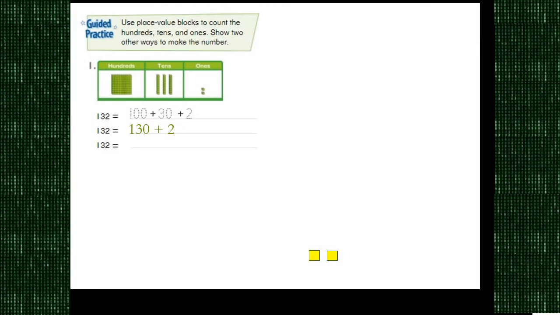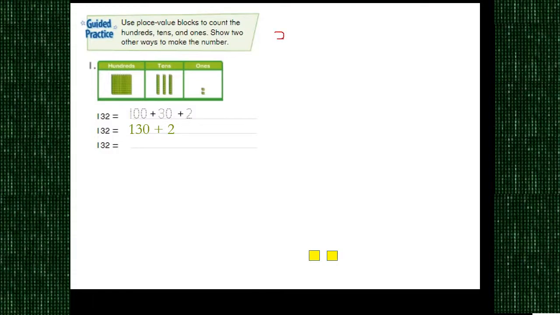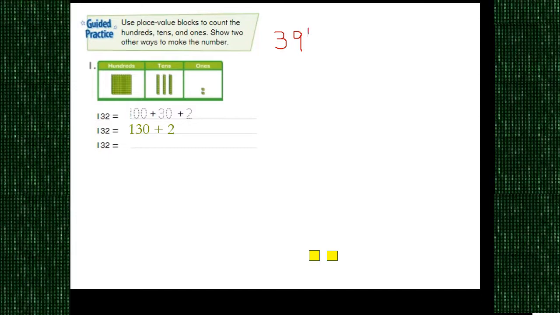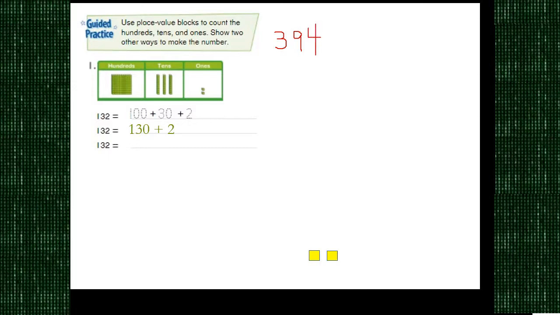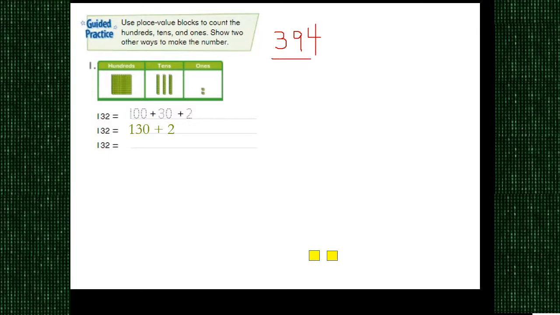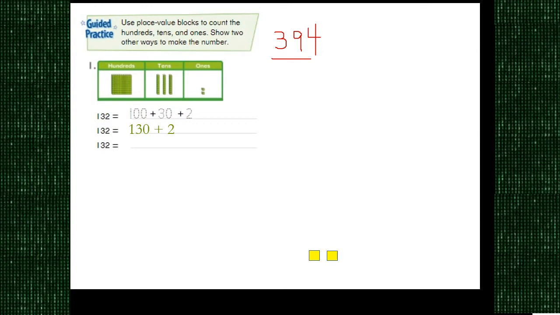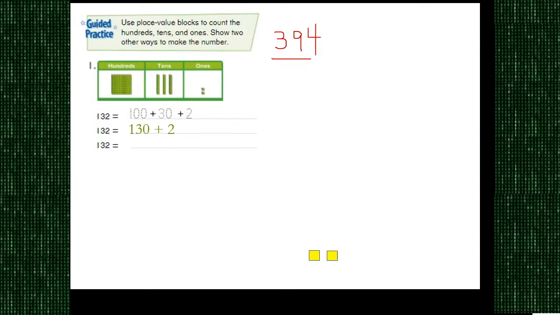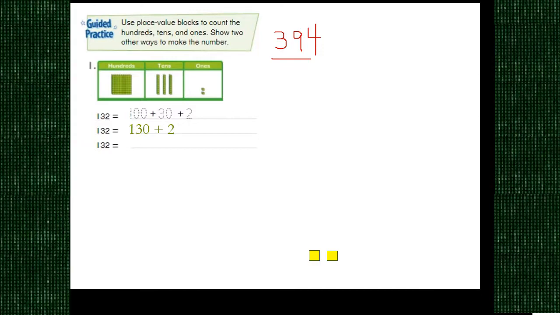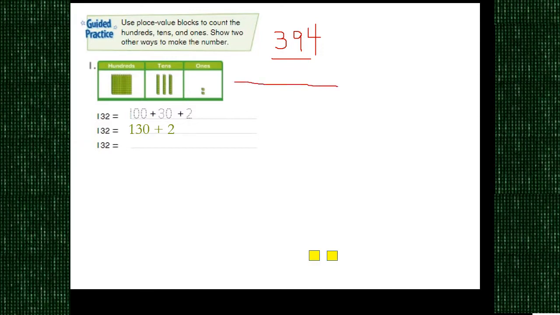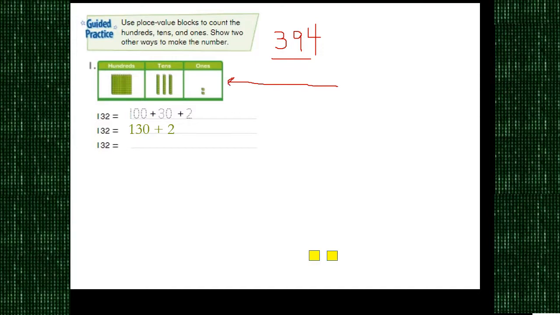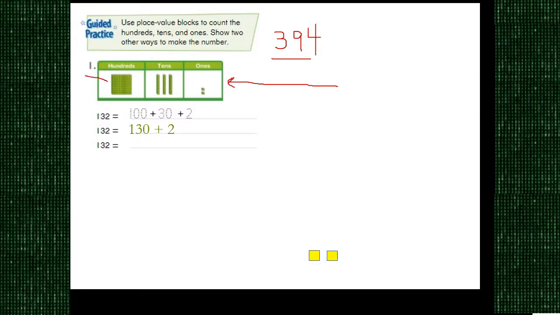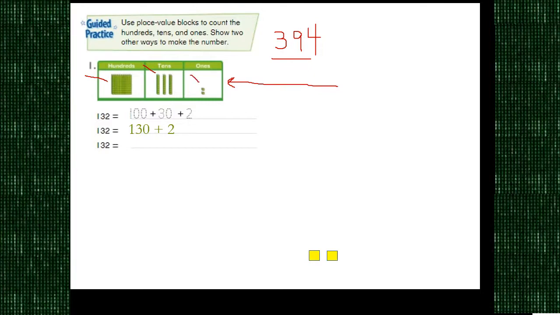Okay, so now let's take a look in your book. This is on page 394, so it might be a good idea for you to open that now. Now the guided practice says use place value blocks to count the hundreds, tens, and ones. Show 2 other ways to make the number. Remember, this is a place value block, and it shows us the number 132.